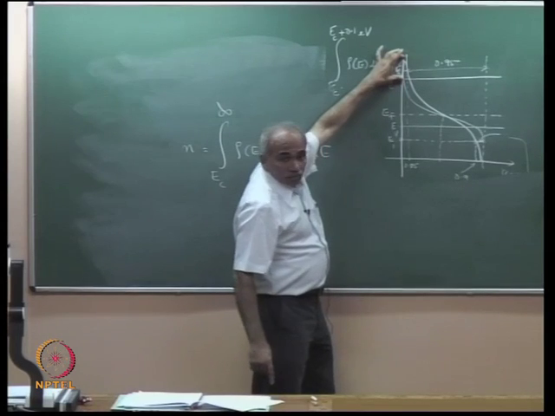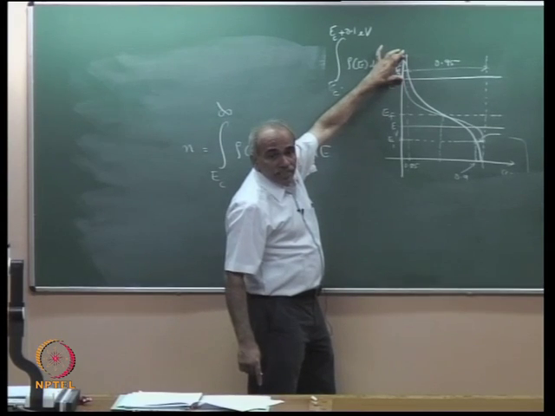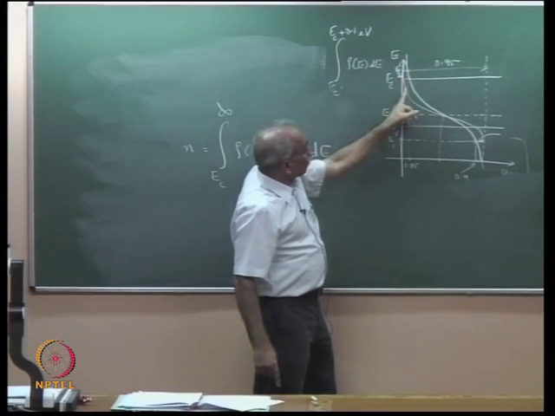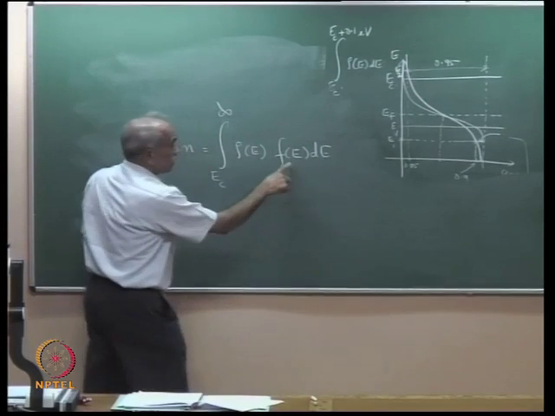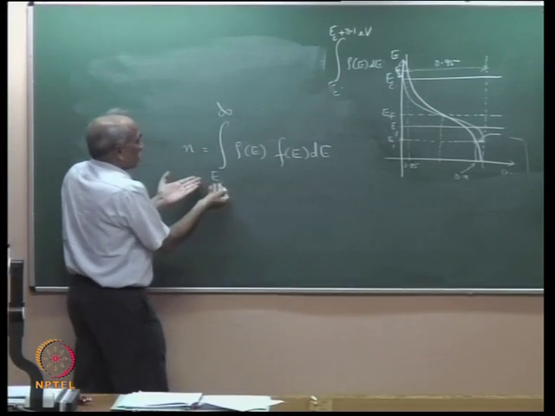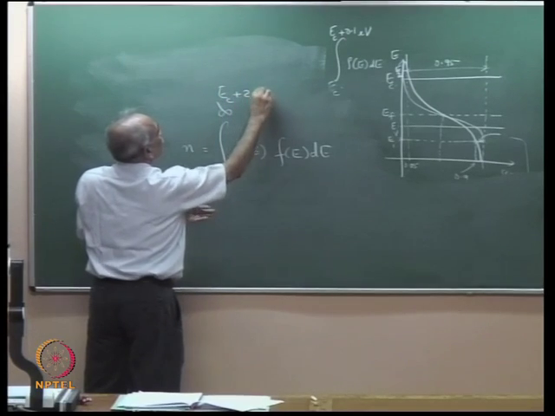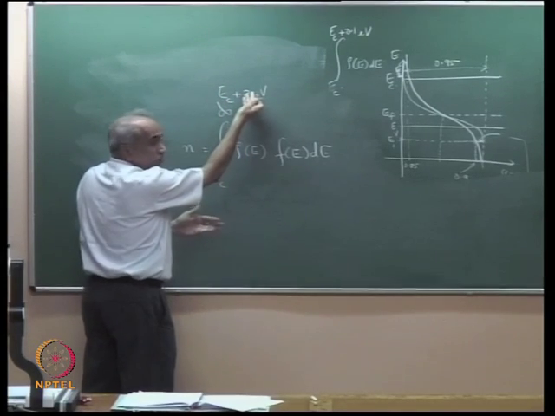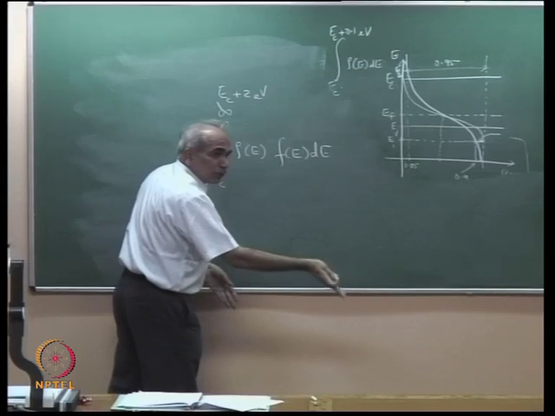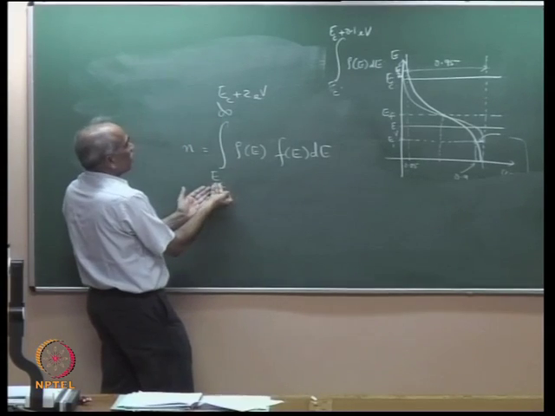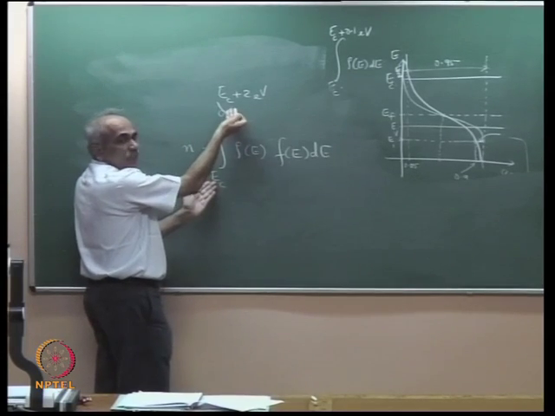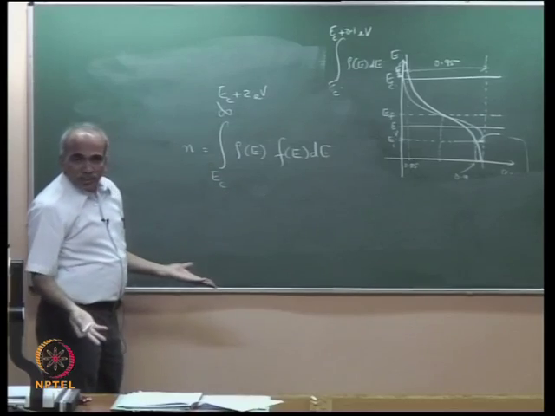The larger the difference EC minus E, the smaller will be the probability, that is, this term goes to 0. It does not matter whether you write EC up to EC plus 1 or 2 eV, because f of E already goes to 0. Therefore, it does not matter whether you integrate from EC to EC plus 1 eV or EC to infinity. It is one and the same.